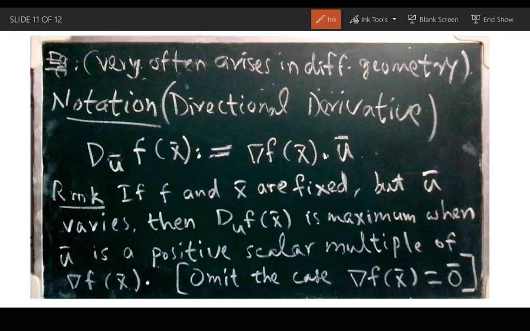We shall give a notation for the directional derivative. Notation is this: du f at x for directional derivative of f at the point x in the direction u. D for derivative. And the definition can be taken as del f at x dot u.